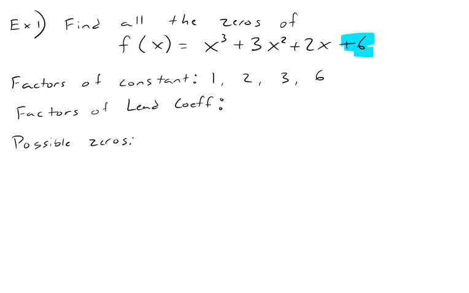But they are also all the negatives of those, so we're going to do plus or minus each of these. Now we have to do factors of the leading coefficient, which is this number here. In this case it's a 1, so it makes it easy. The factors of 1 are just plus or minus 1.